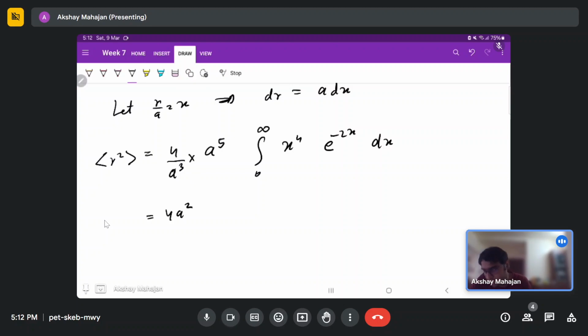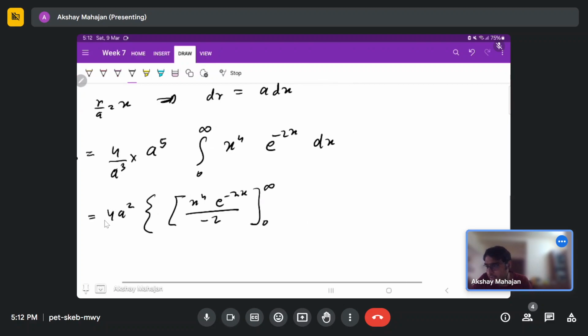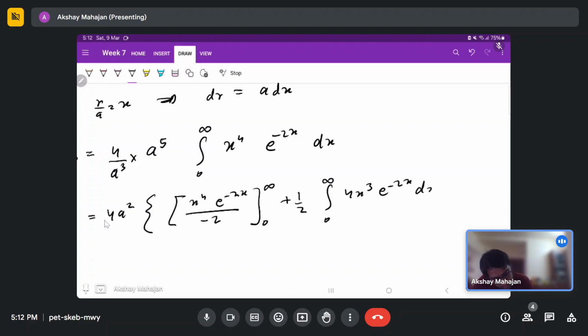Here we will get 4a square. Then I will use integration by parts. From there I will get x to the power 4 e to the power minus 2x upon minus 2 from 0 to infinity, and minus minus gives plus half, integration from 0 to infinity of 4x cube e to the power minus 2x dx.